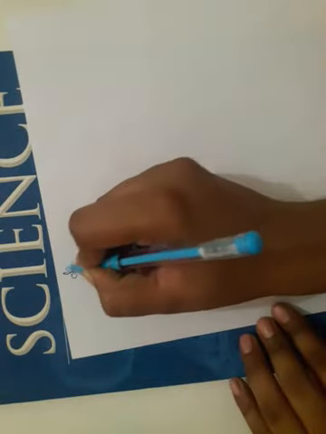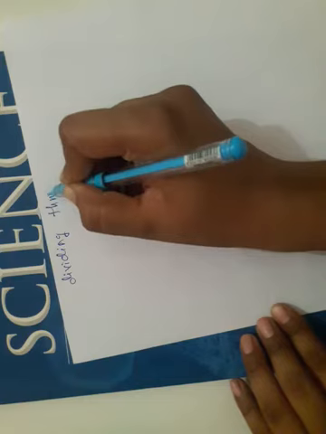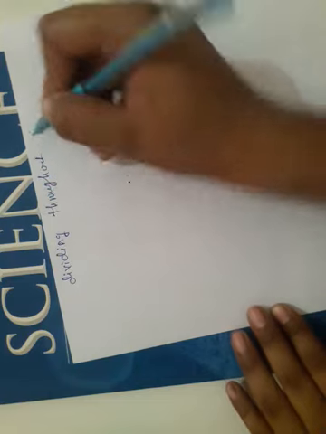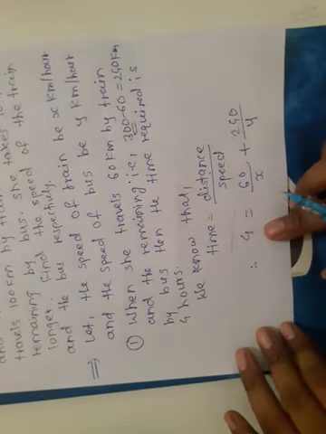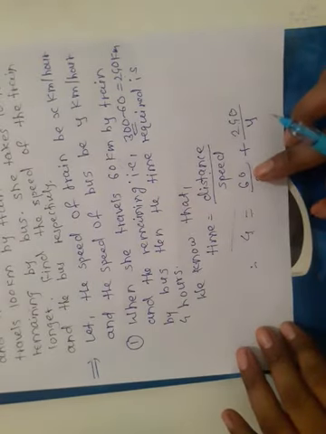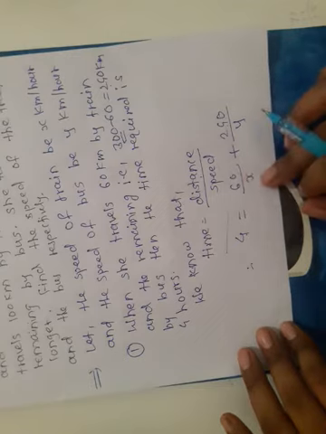Dividing throughout by 60, we get, when we divide 4 by 60, we get 4 upon 60. When we divide 60 upon 60x, the 60 gets cancelled, we get 1 upon x.